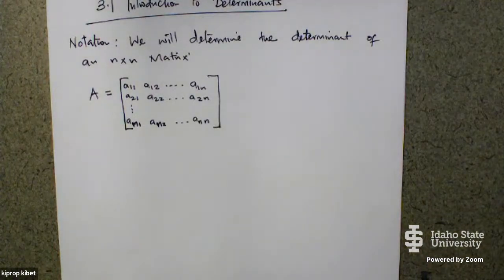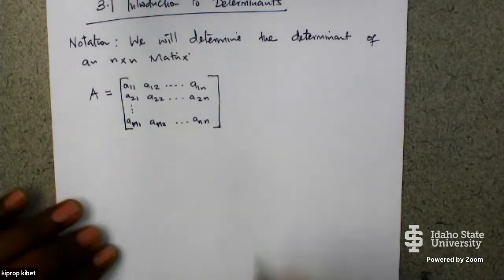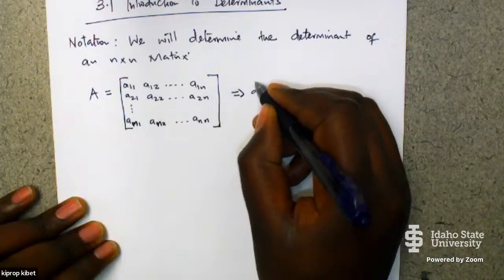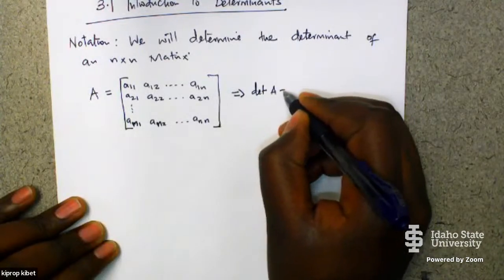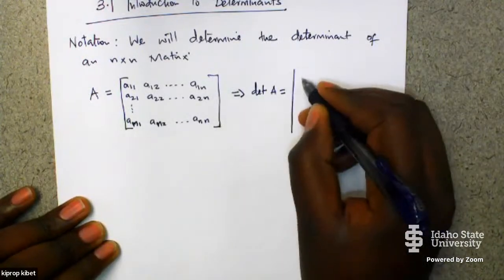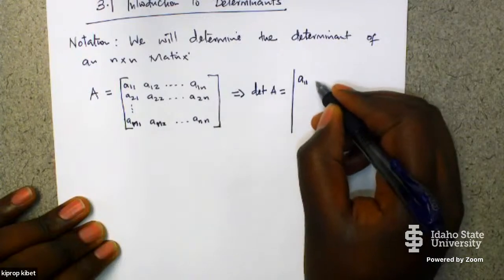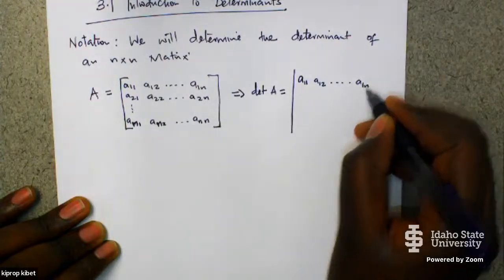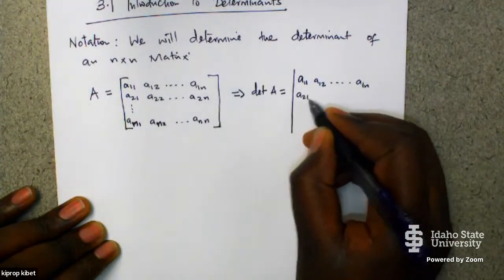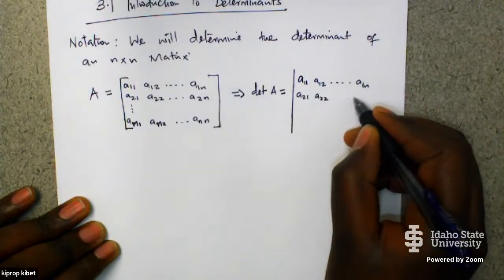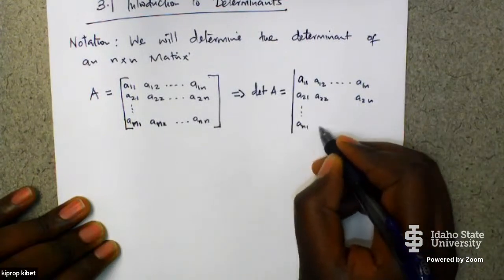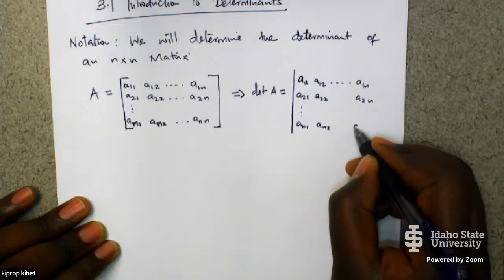So we write the determinant, which we can write as determinant of A, equals the array with A11, A12, A1n, A21, A22, A2n, and then AN1, AN2, ANN.